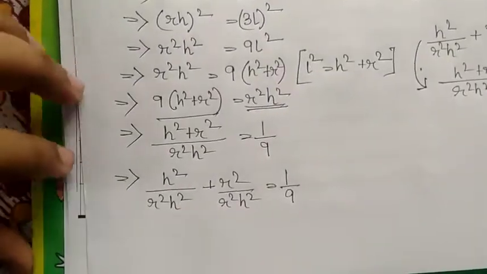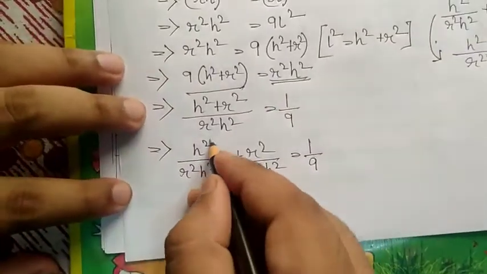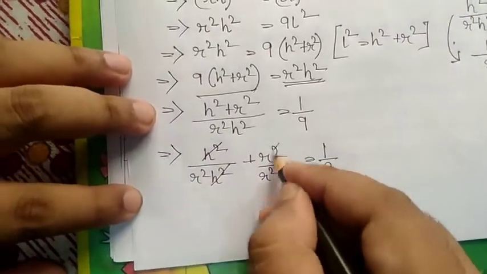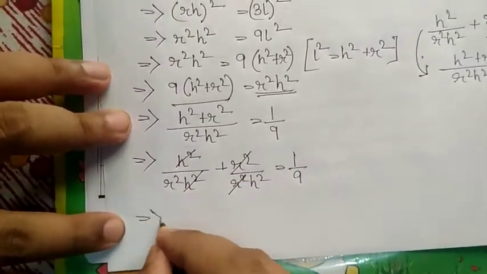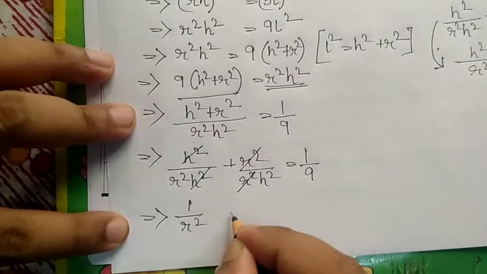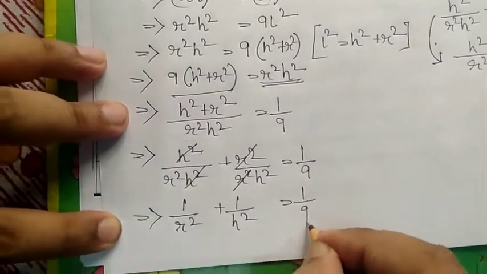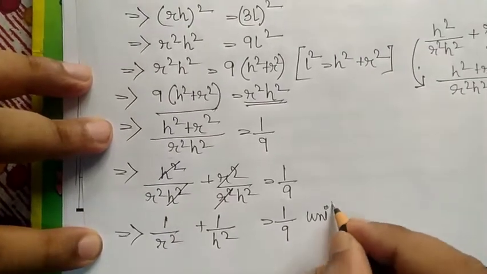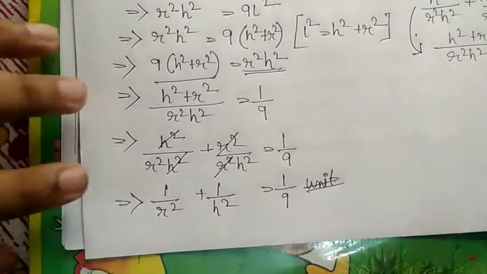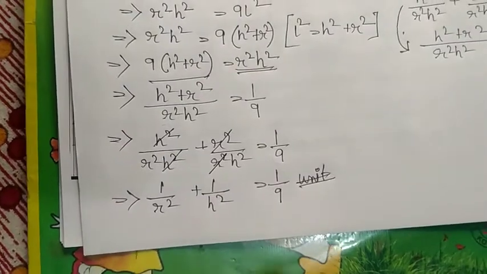After that we can eliminate h square, r square and r square. So 1 by r square plus 1 by h square equal to 1 by 9 unit. So the value of 1 by h square plus 1 by r square should be 1 by 9.